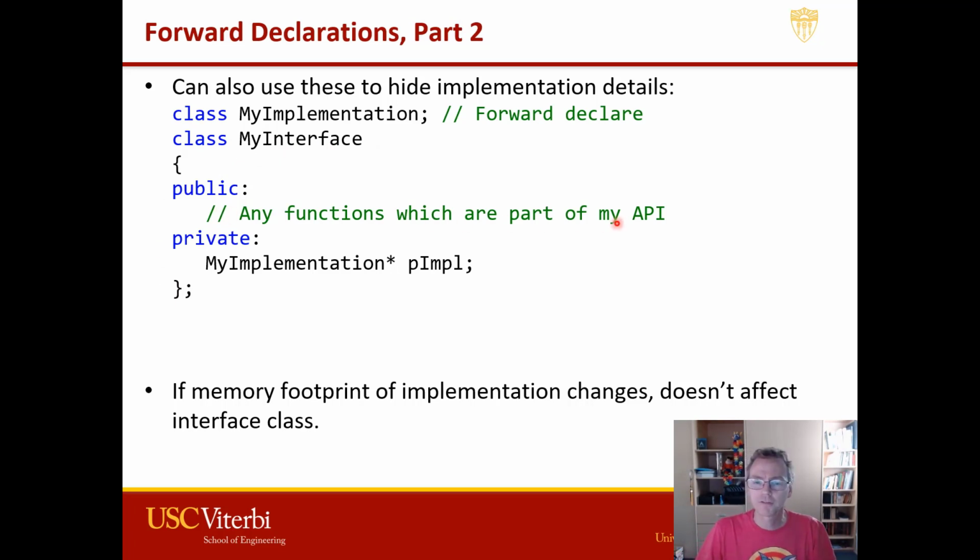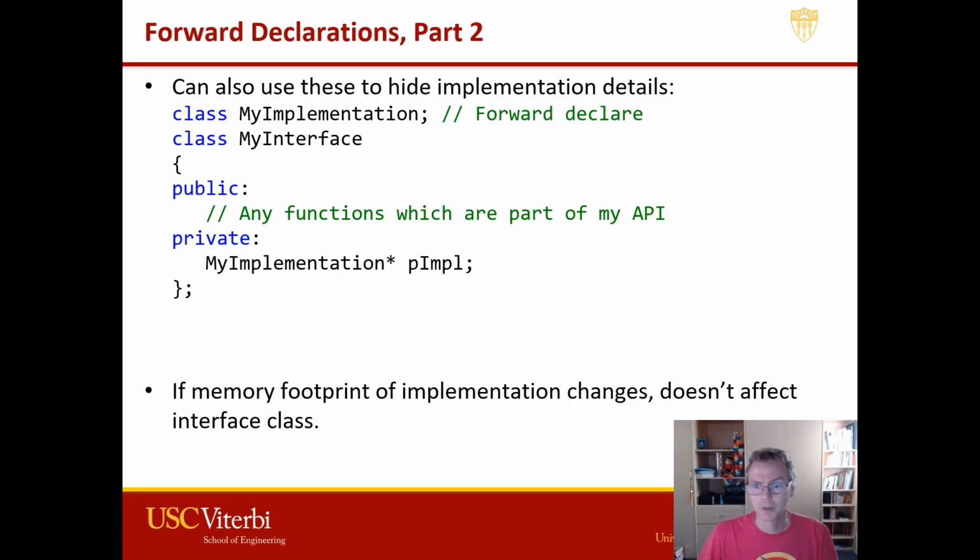It has public functions on it, but it doesn't implement any of them. The only thing the interface class is for is to call into some private interface in this thing called my implementation. So there's another class, which we have forward declared, that implements all the functions.